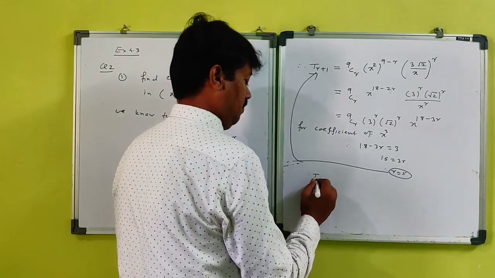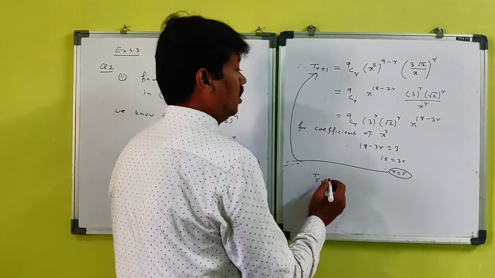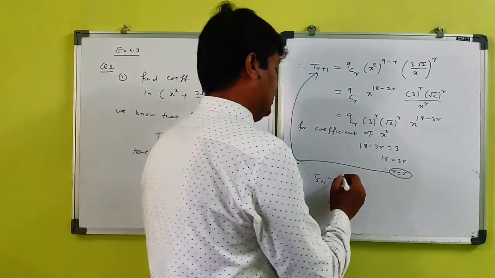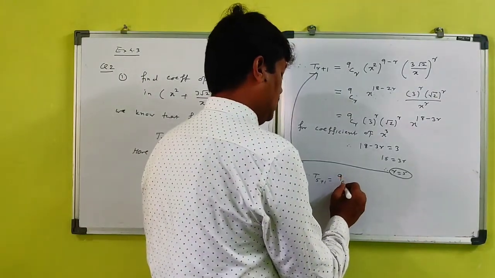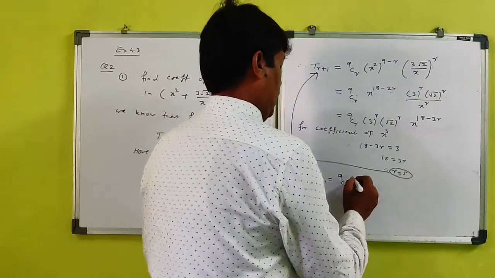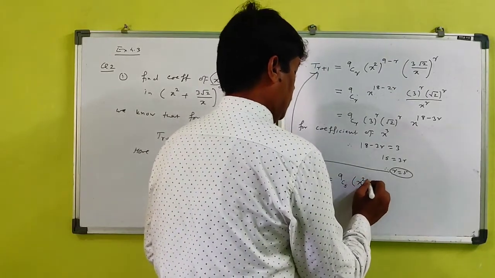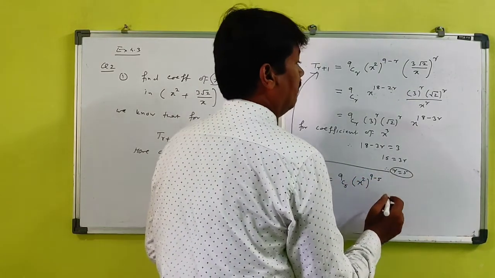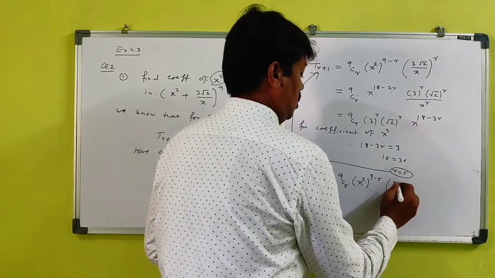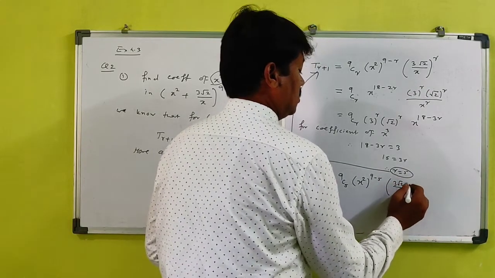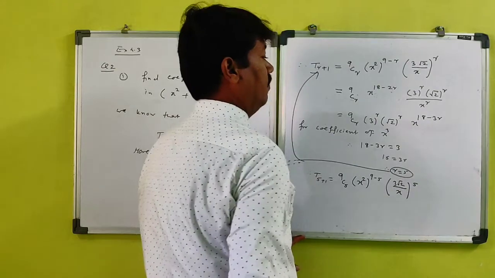Once you know r is equal to 5, substitute back in this. Therefore t 5 plus 1 is equal to 9C5, x square raised to 9 minus 5, 3 root 2 upon x raised to 5, like this.